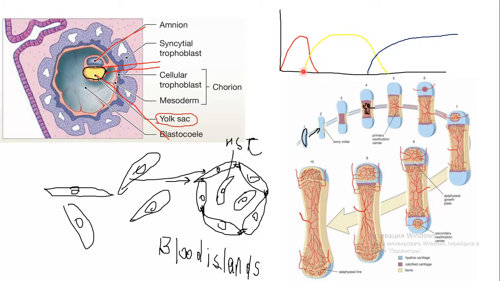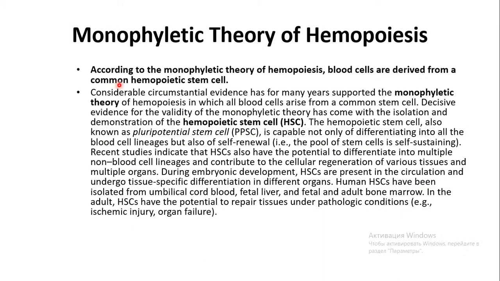Then the hepatic phase is present only until birth, and the bone marrow phase is initiated in the fetal period and continues after birth. And usually we use these timelines: until 8 weeks we have the yolk sac phase, until birth we have the hepatic phase, and after birth we have the bone marrow phase. It's approximate, but keep in mind that these periods overlap. Okay, then let's switch to the monophyletic theory of hemopoiesis.